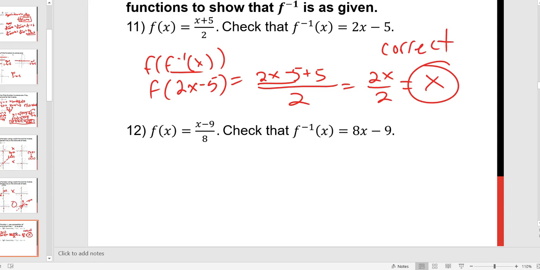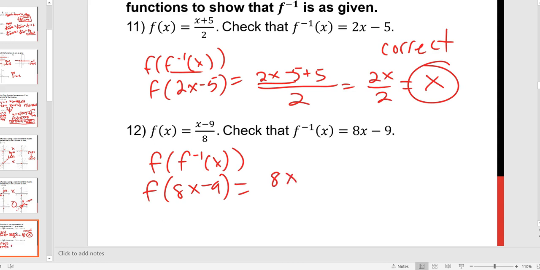On the next one, same process. I should be able to do f of the inverse, and it should give me x. Let's see. 8x minus 9.